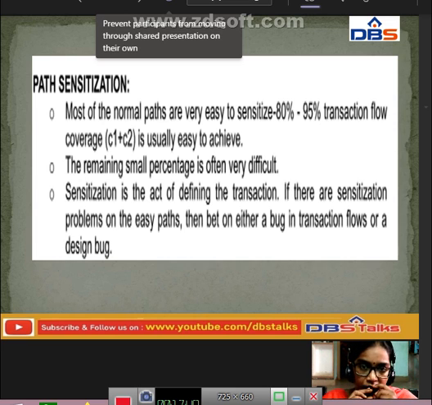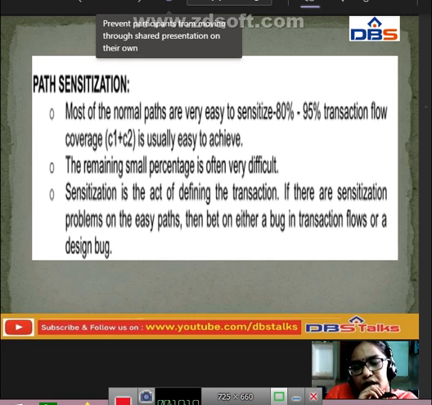It is very easy to achieve. The remaining small percentage is very often difficult. It is a very small percentage. Based on this criterion we can say that it is very easy to sensitize, but the remaining small percentages of the transaction flow are very difficult.